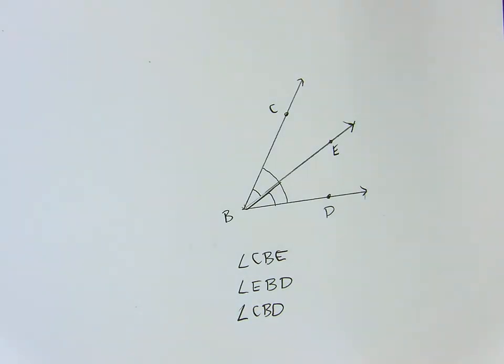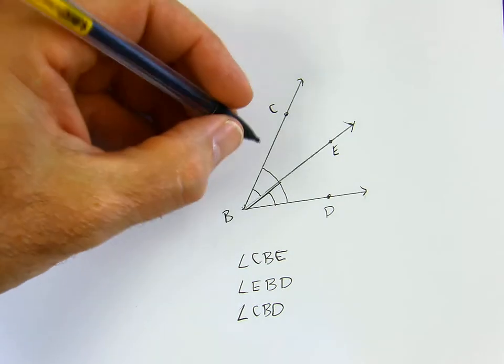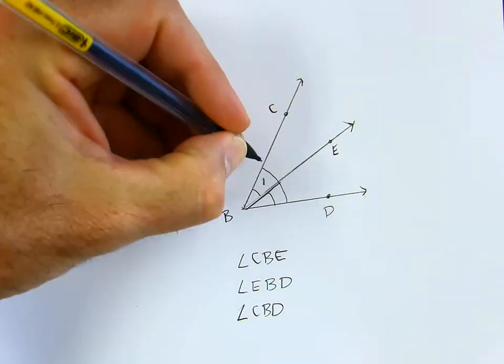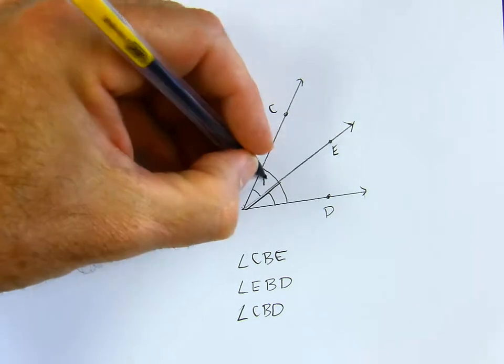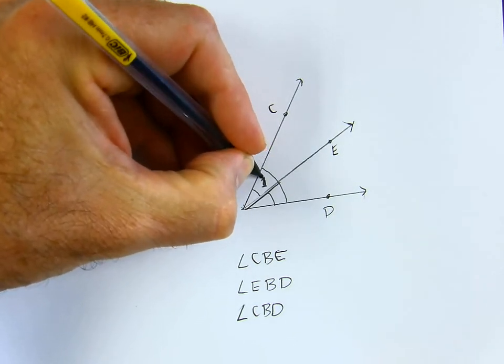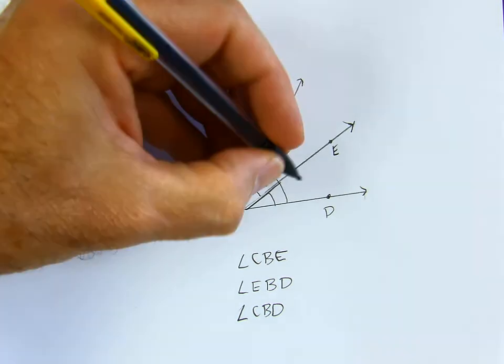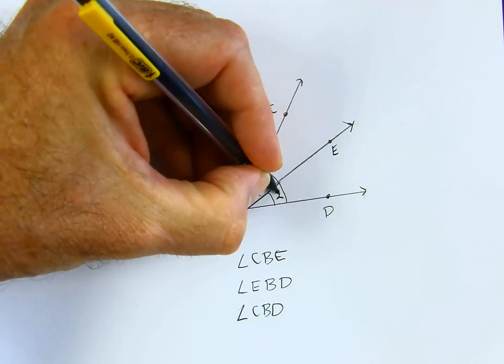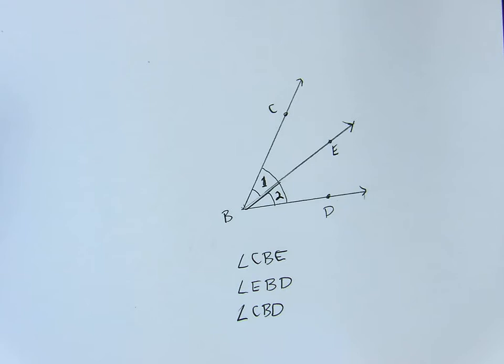All right. Now another way, and using those numbers like they did in the book, the 1, this is a convenient time that we could put a 1 inside. That's a label now. It's not a number. It doesn't have any real numerical value. It's just a label. Label angle 1, and then we could label this one angle 2. Okay? We wouldn't say that the whole angle, angle CBD, is angle 3.